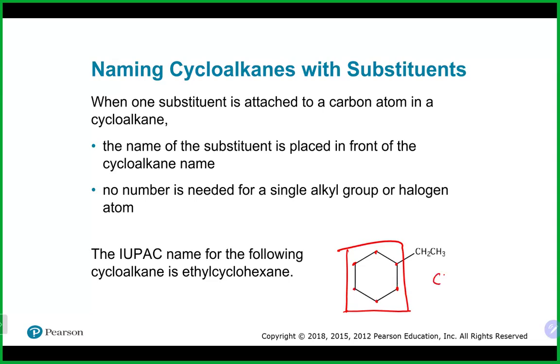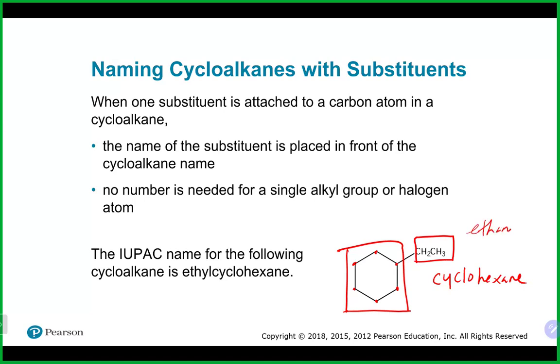That's based off of hexane, but because it is a ring structure, that's going to give us the base of the name as cyclohexane. Here, this is actually our group that's hanging off of it, and that is a 2-carbon group, which is based off of ethane.